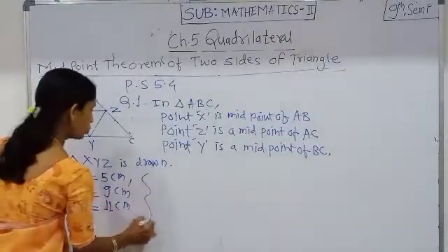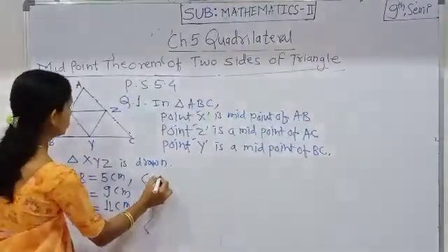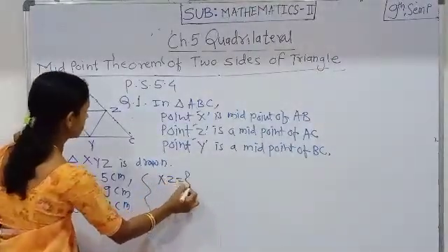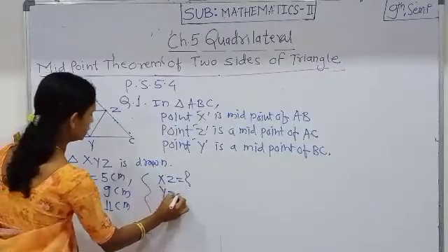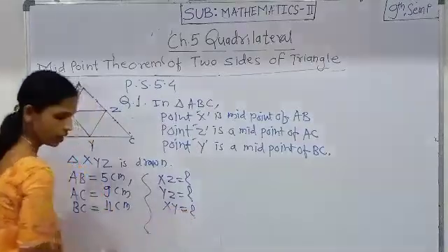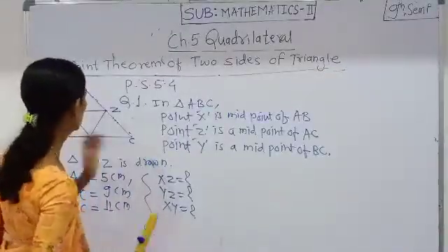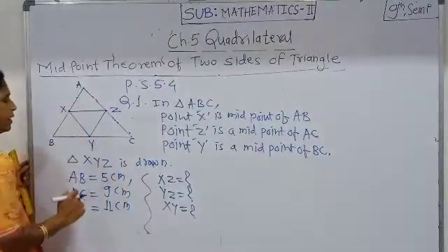Then we have to find the lengths of XZ, YZ and XY, as well as the perimeter of triangle XYZ.